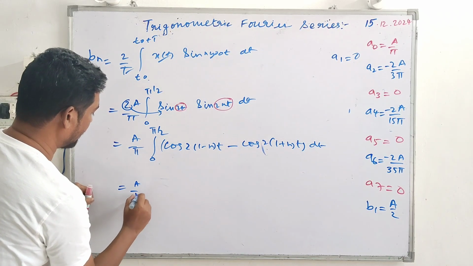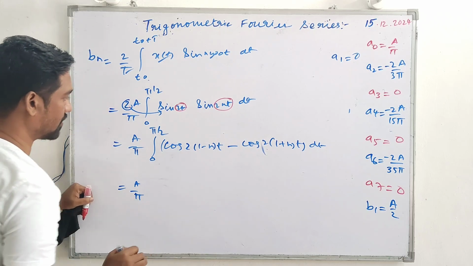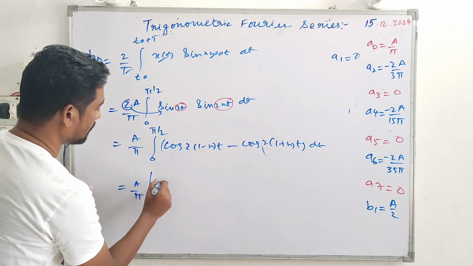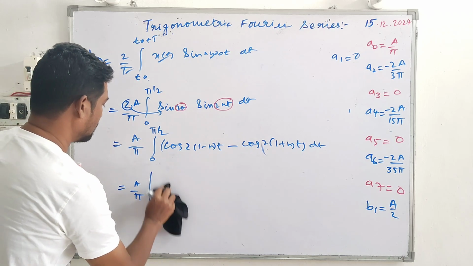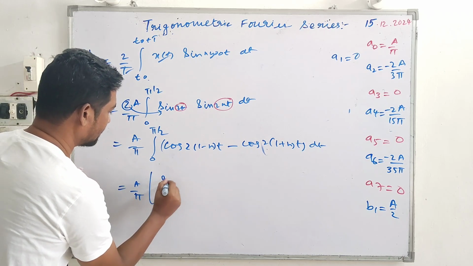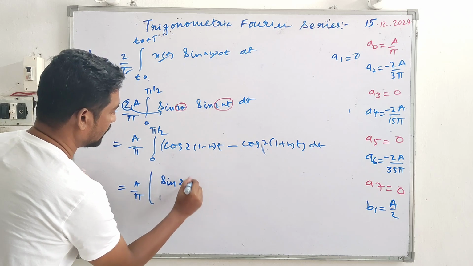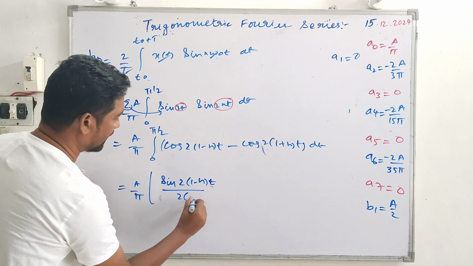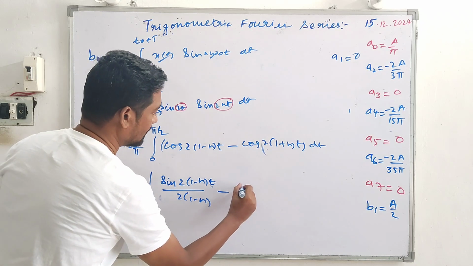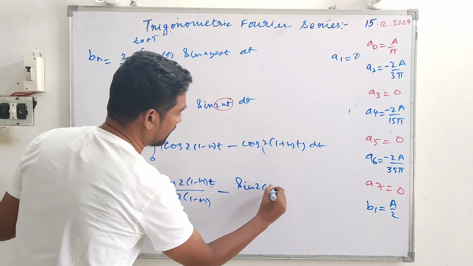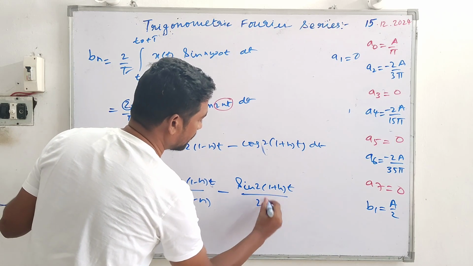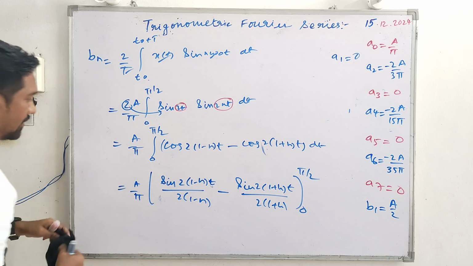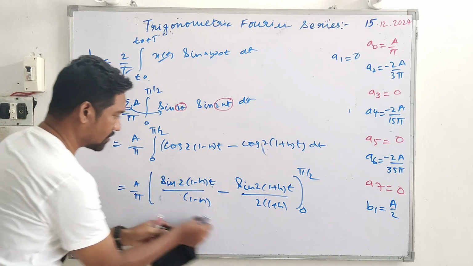And a by pi, integrating this one, what do we have? Integral of cos is sine: sine 2 into 1 minus n into t by 2 into 1 minus n, minus sine 2 into 1 plus n into t by 2 into 1 plus n, with the limit 0 to pi by 2. Alright, so 2 comes out.